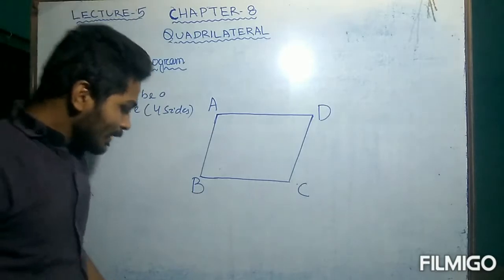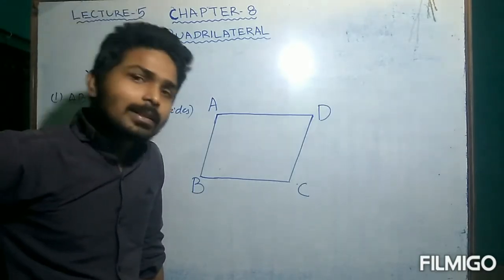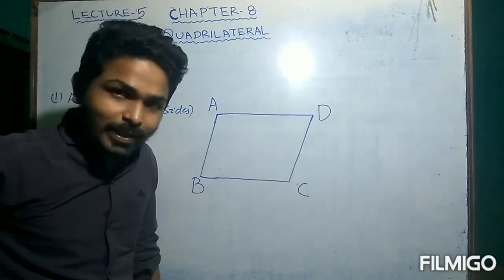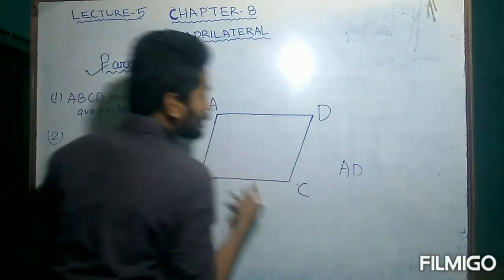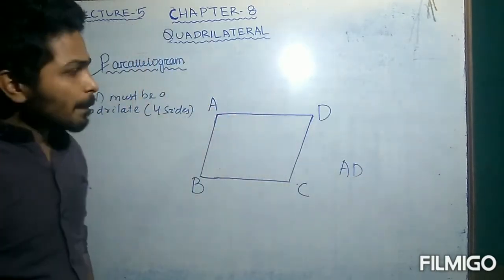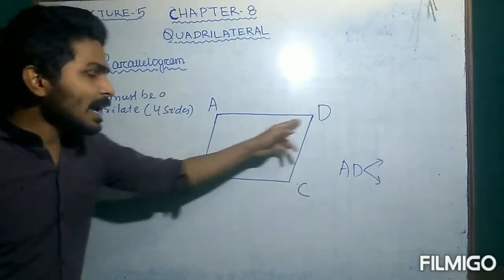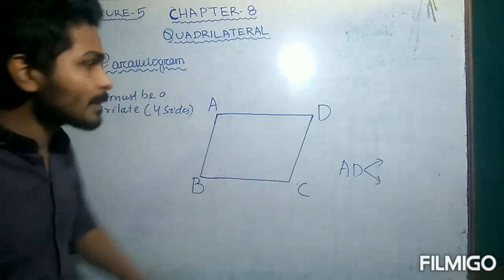So now coming to the second point, which is the most important point, second and third point. What are they? Already we know what are consecutive sides, consecutive angles, and non-consecutive sides or opposite sides. See, if we consider the side AD, then how many consecutive sides does AD have? The sides related to this AD are known as consecutive sides or neighborhood sides.